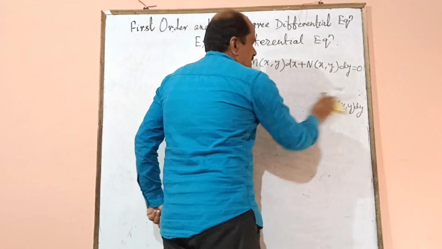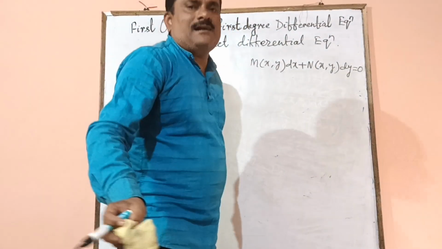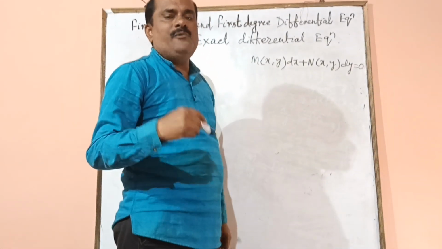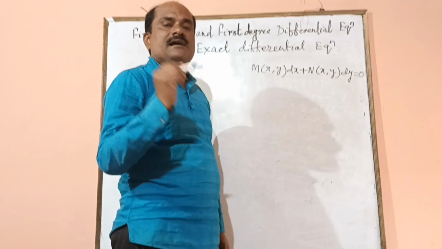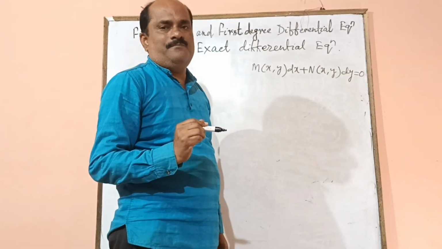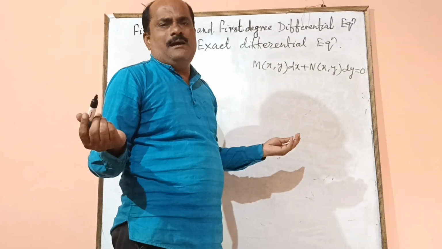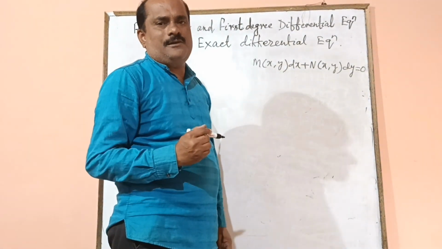How do you test whether an equation is exact or not? This is a differential equation. How do we first test whether this is an exact differential equation or not? If it is exact, then we get a formula for its solution.